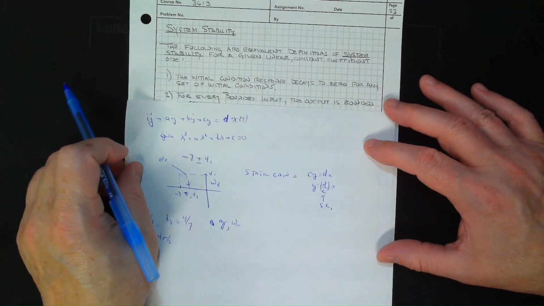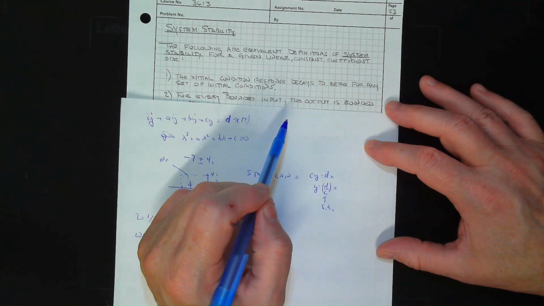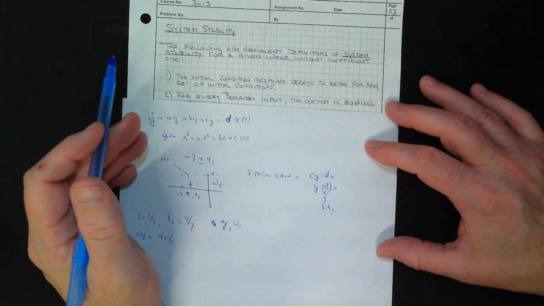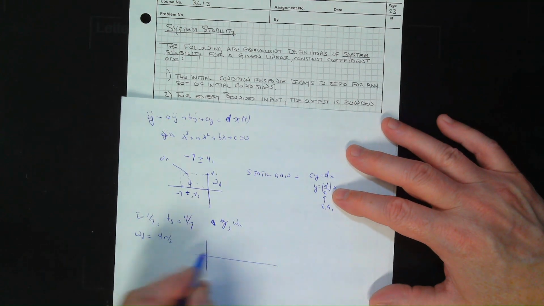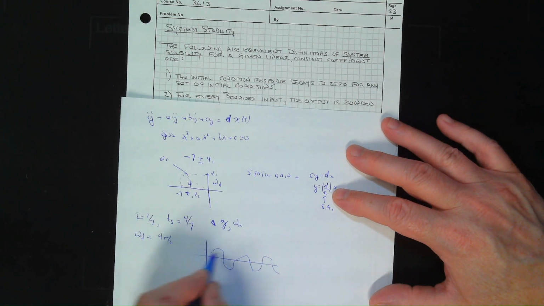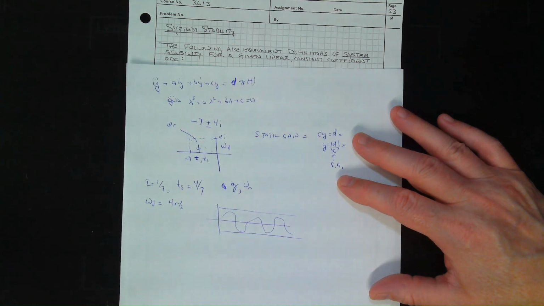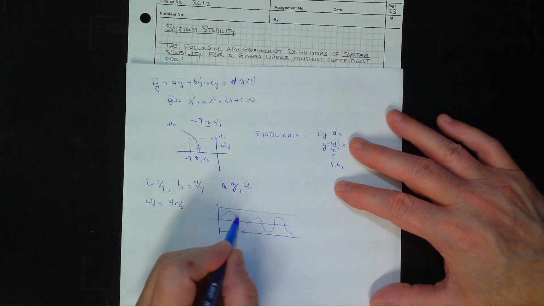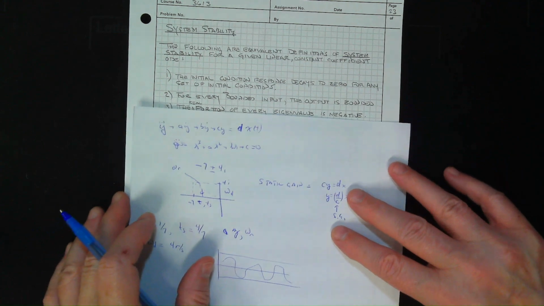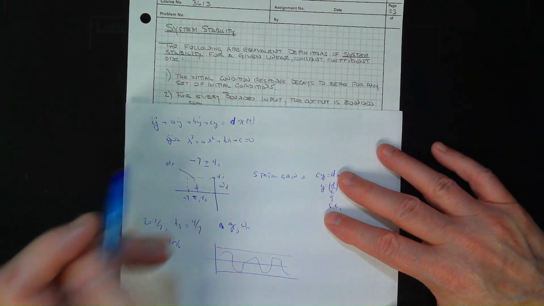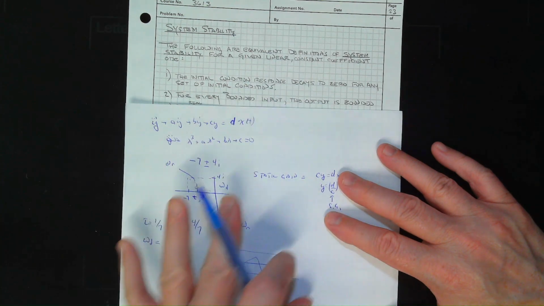Here's another definition. For every bounded input, the output is bounded. So you can have a crazy input, but we can come up with bounds for it. You can find bounds.